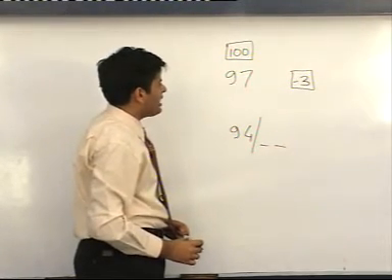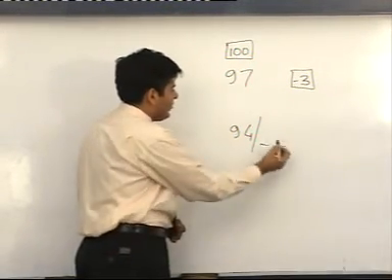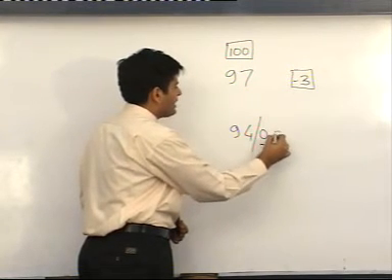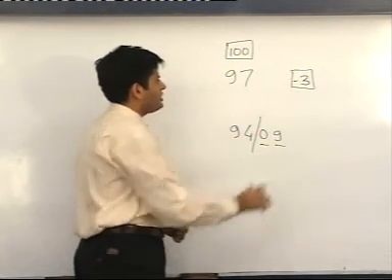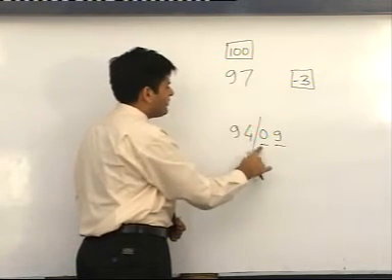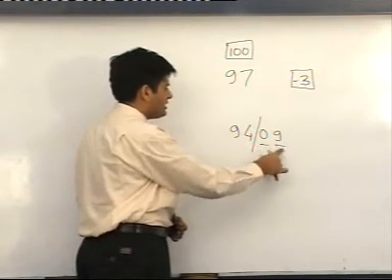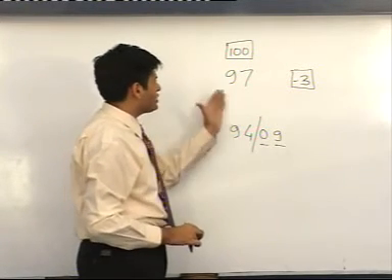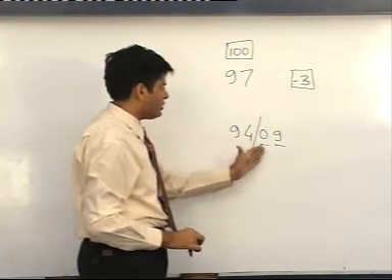Minus 3 square will be 9, but we need a 2-digit answer, so we put it 09. Final answer is 9409. Square of 97 is 9409.